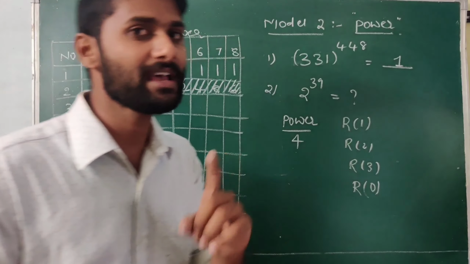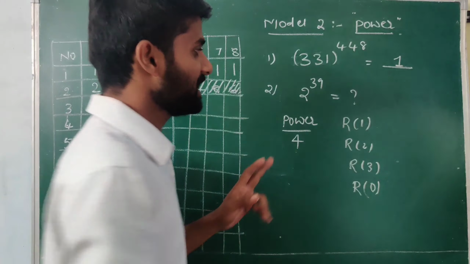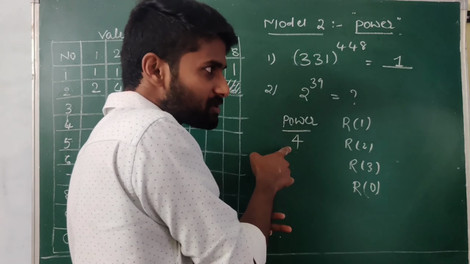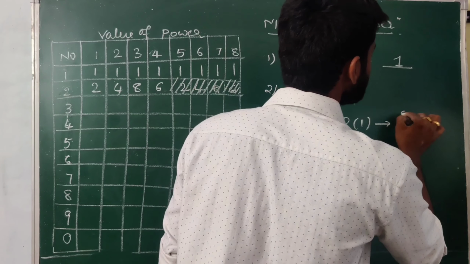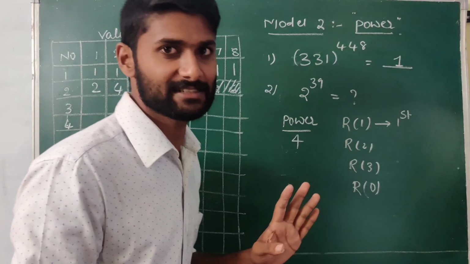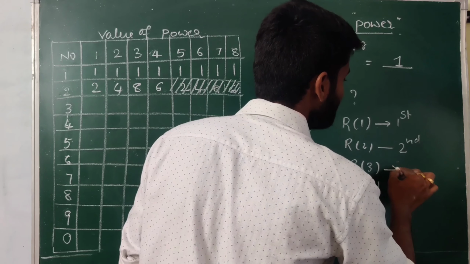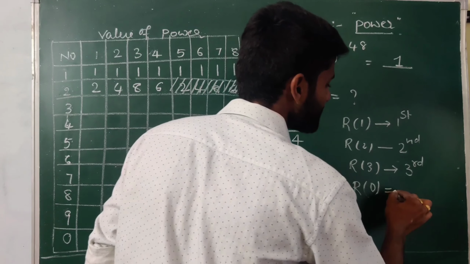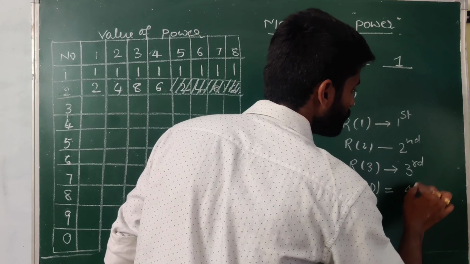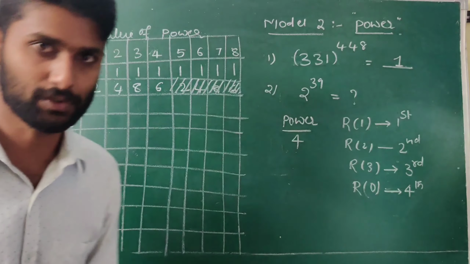We never get 4 as a remainder; instead of 4, we get 0. If we get remainder 1, we consider the first value as the repeated answer. Remainder 2, the second value. Remainder 3, the third value. If we get 0 as a remainder, we take the fourth value.